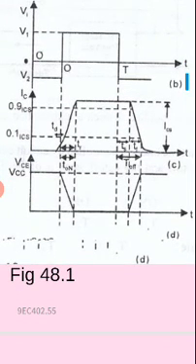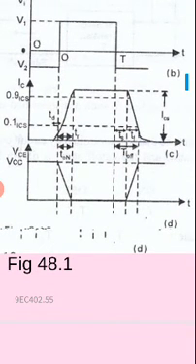In the diagram, the collector current is shown at 90%, 0.9, and 10%, 0.1 of ICS, and there is a representation of TD, the delay time, TR, the rise time, and TF.